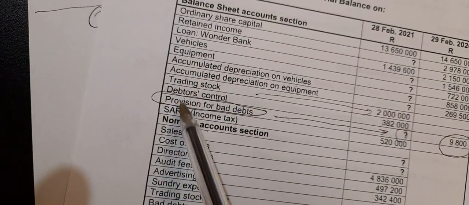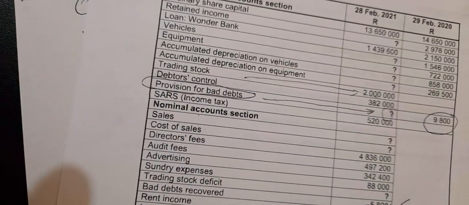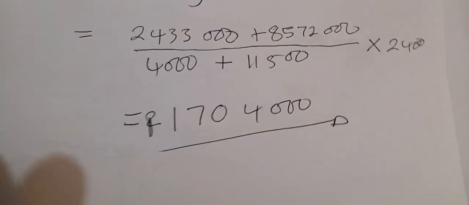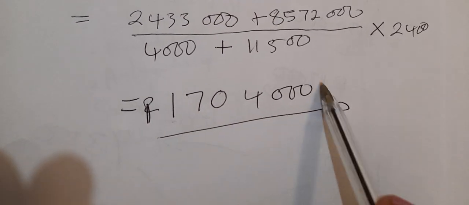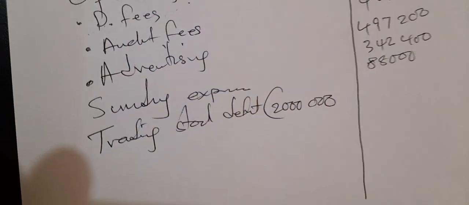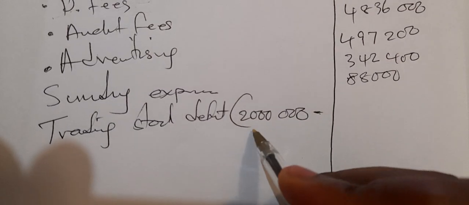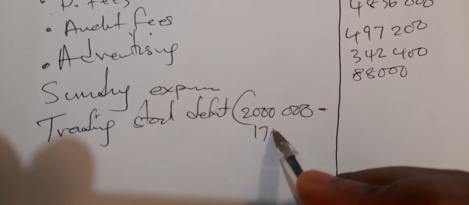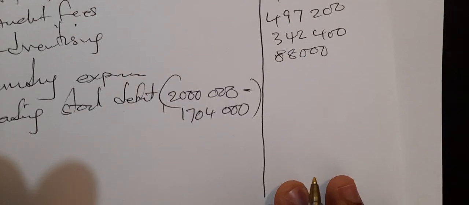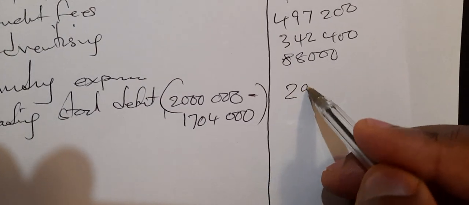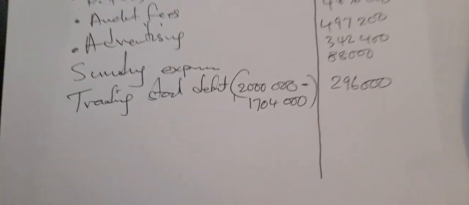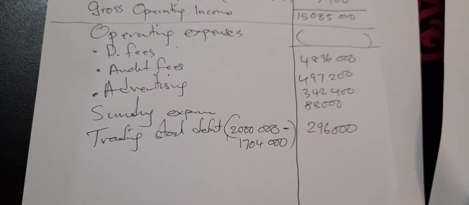Now we calculated the value of closing stock as the closing trading stock on hand. This is the amount that we have. So there's a decrease there, and a decrease shows as deficit, 1,704,000. So that deficit amounts to 296,000. Yes, that would be your trading stock deficit there.